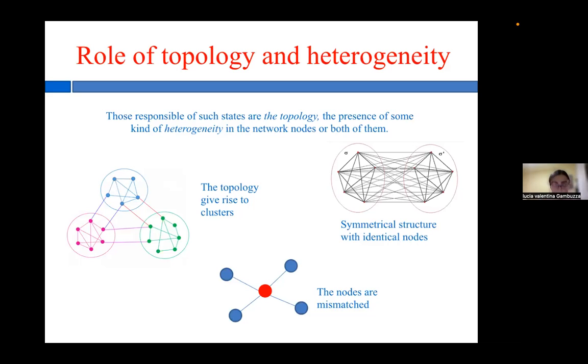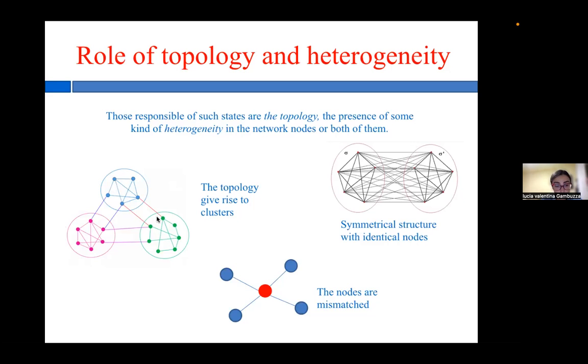Another way to look at the cluster is to look at the key ingredients, the main responsible for the onset of this particular cluster state. In particular, as I said before, one of the most important things in the analysis of the cluster state is to look at the topology.